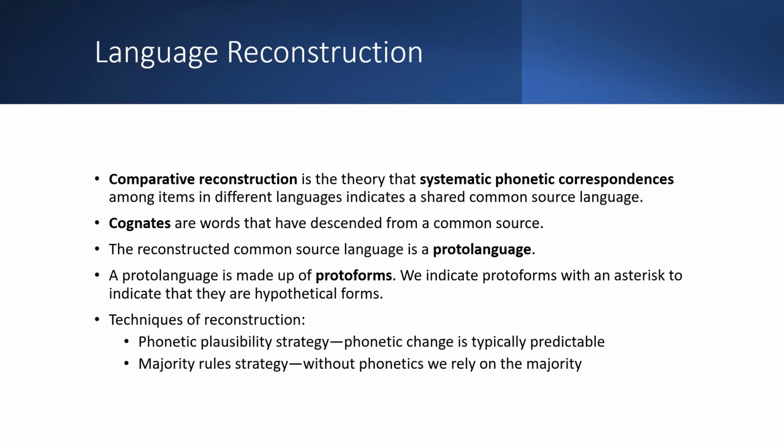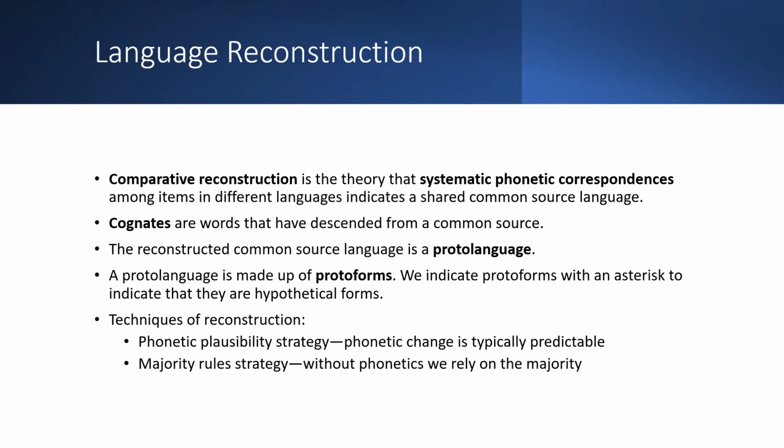Okay, so the two techniques of reconstruction we're going to work with right now are phonetic plausibility strategy and majority rule strategy. Phonetic plausibility strategy says that phonetic change is typically predictable, and we know this if we go back to, remember chapter 2, we talked about articulatory processes. We know from observing human language in use that production leads to predictable articulatory processes that lead to predictable change in the use of language.